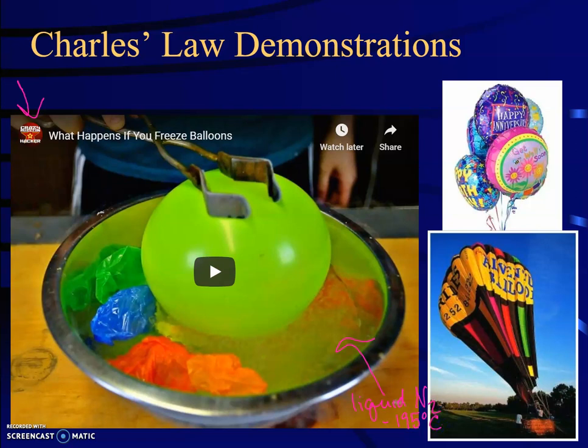It is very, very cold. So he inflates balloons and then he puts them into a bath of liquid nitrogen. So if the temperature of the balloons is going to go down, the volume of the balloons is going to go down. And you see this shriveled little balloon over here.